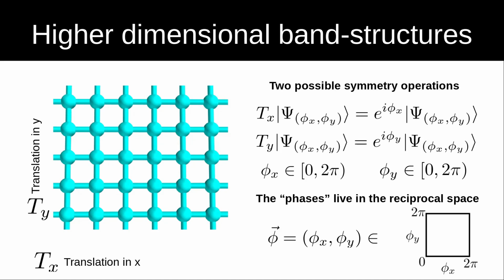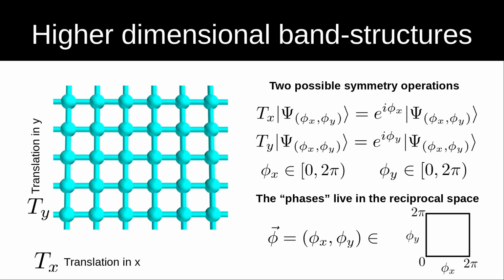They commute between each other, and they also commute with the Hamiltonian. So now your eigenstates can be simultaneously eigenstates of Tx, eigenstates of Ty, and eigenstates of the Hamiltonian. So we are going to work on the basis where Tx is diagonal and Ty is diagonal and the Hamiltonian is diagonal.